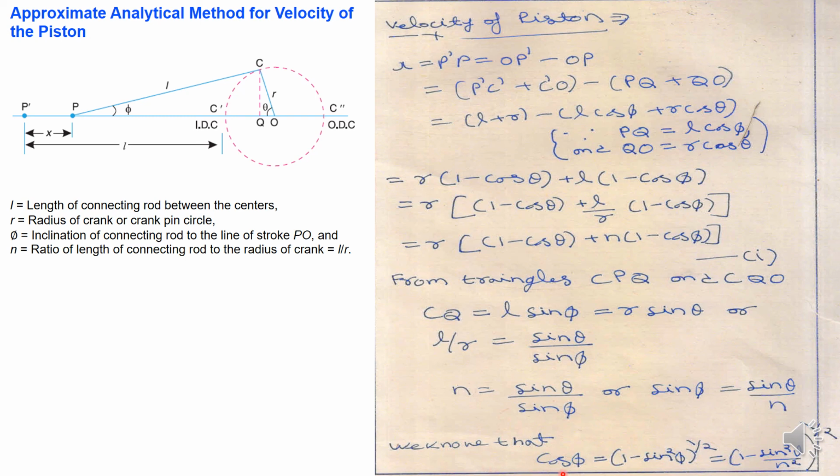We know the formula for cos phi: cos phi is equal to the root of 1 minus sin square phi, or we can also write it as the root of 1 minus sin square theta upon n square.